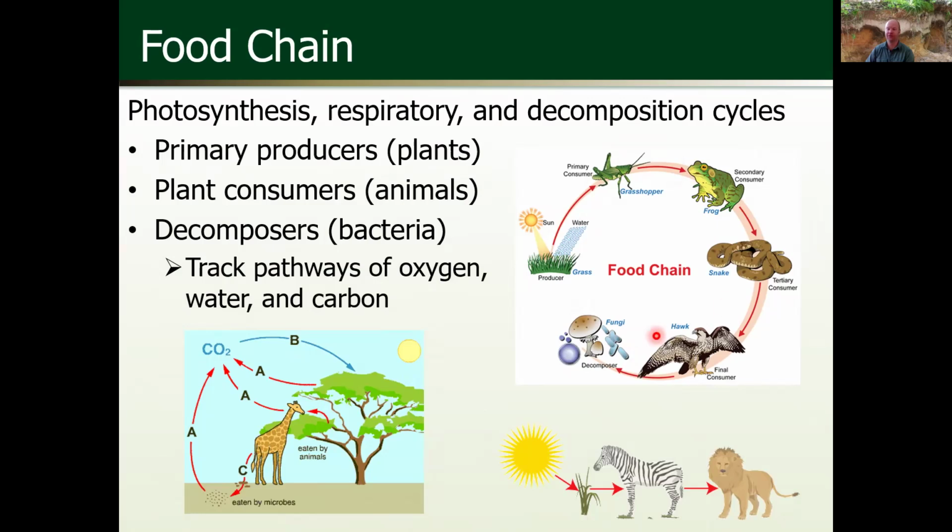Within any ecosystem around the world or a biome, you can really track all elements from water, oxygen, and hydrogen to carbon to nitrogen, and think about how these different organisms are interacting and or affecting all these different cycles.